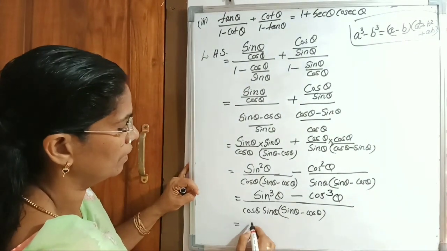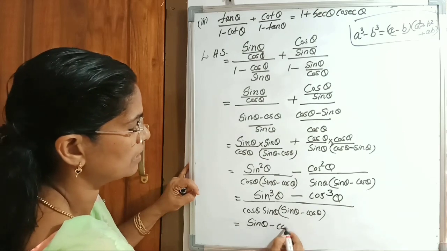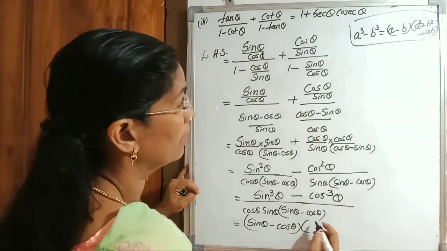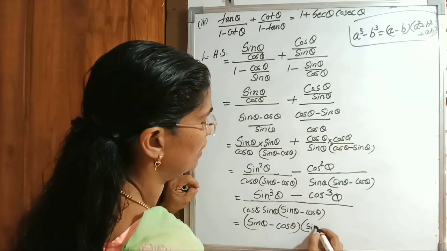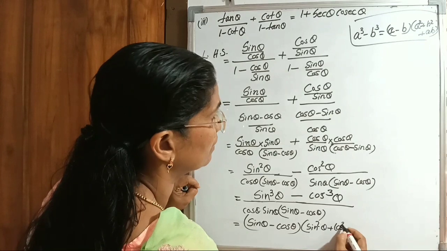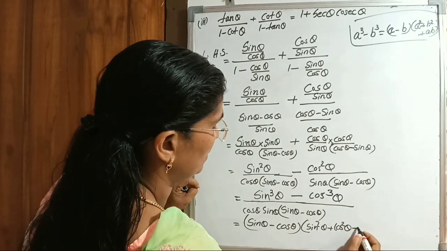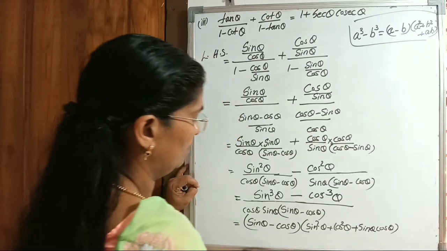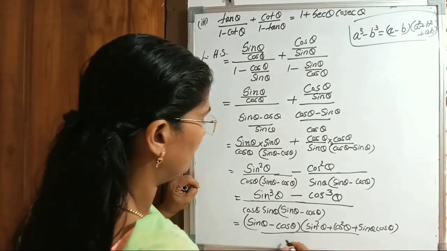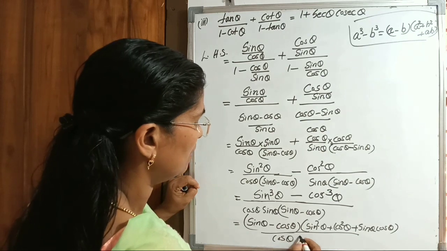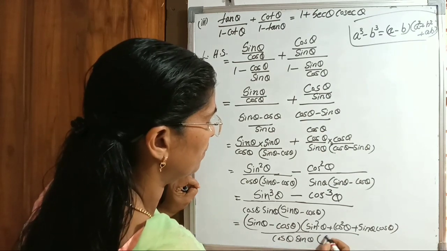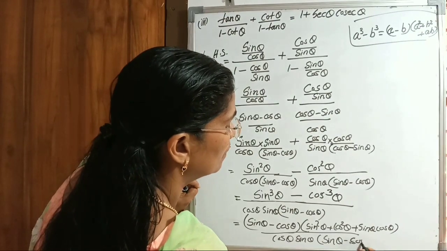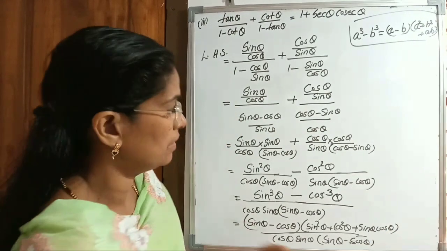Then it becomes sin theta minus cos theta into, a minus b, into a square, sin square theta plus cos square theta, plus ab, sin theta cos theta, whole divided by cos theta sin theta in bracket sin theta minus cos theta. Okay, this is in the bracket.